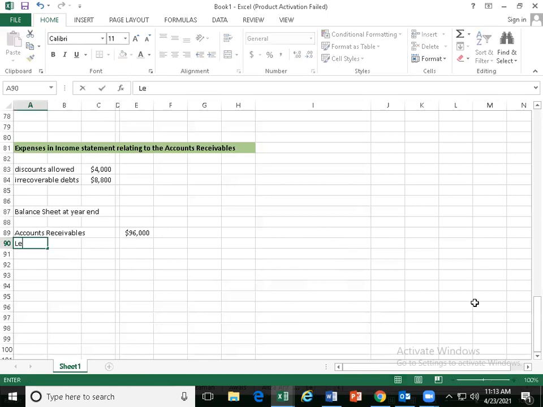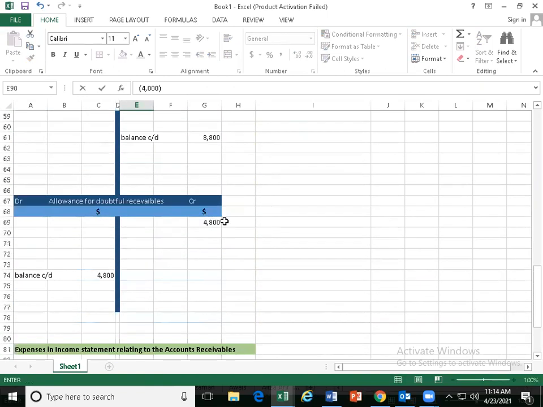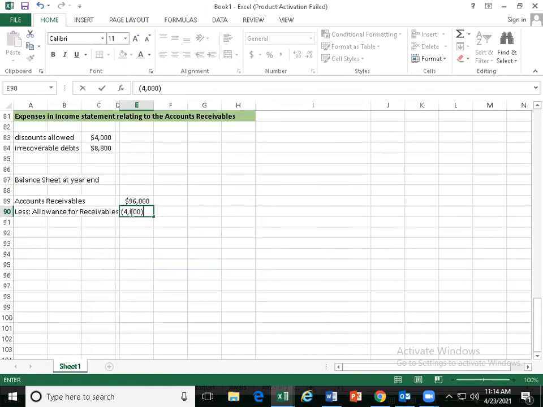And then we subtract allowance for receivables, which comes to, I think it was 4,000. Allowance for receivables, let me double check. No, 4,800. Sorry, my mistake. 4,800.